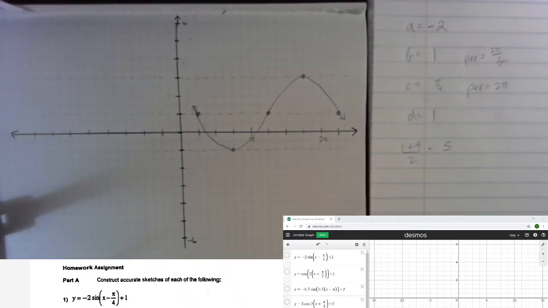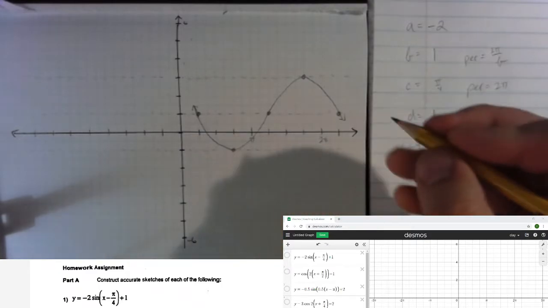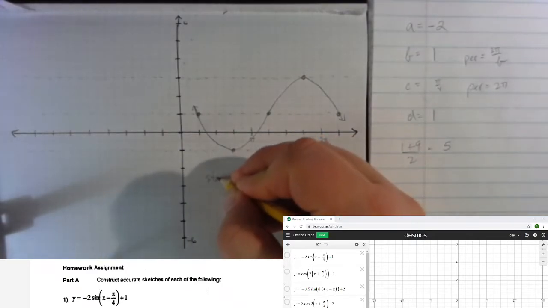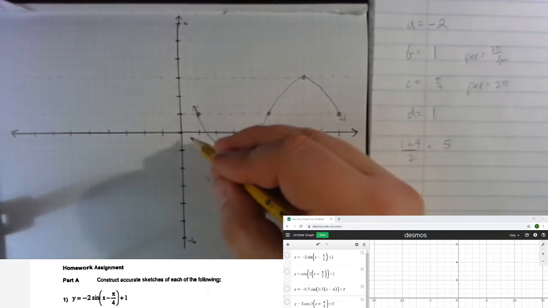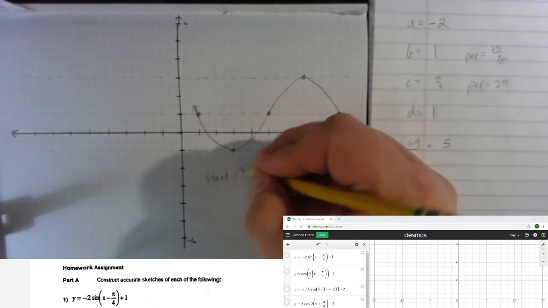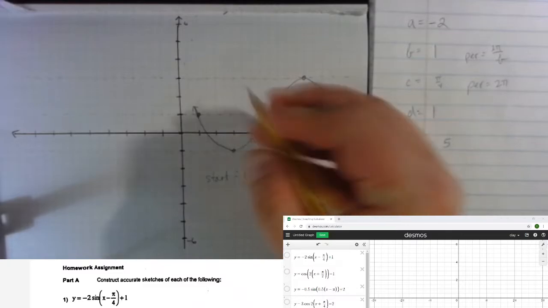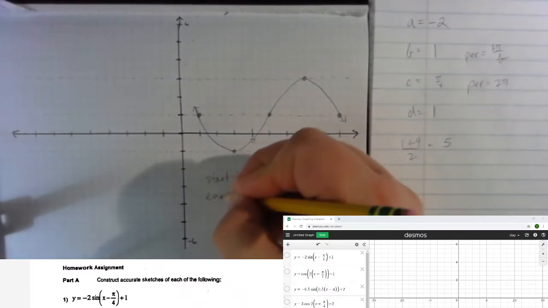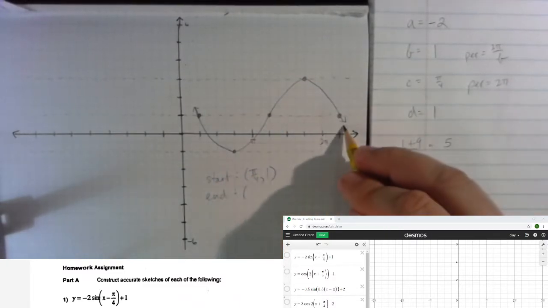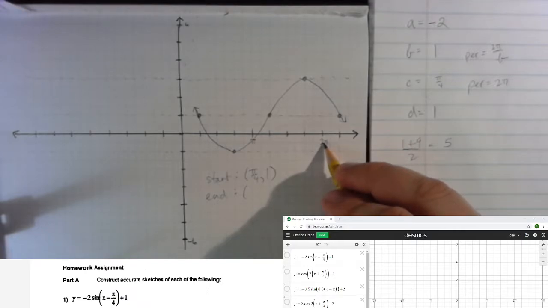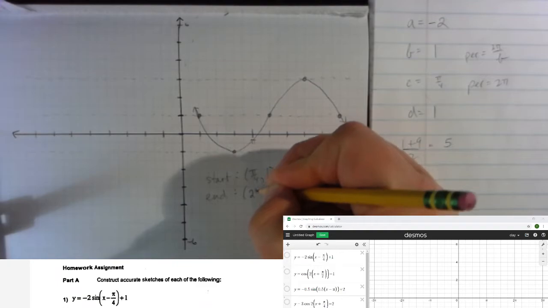And it's not a bad idea to give your 5-number summary. And your 5-number summary here is that it's going to start at the point, now this is pi by 4, comma 1. It's going to end at pi by 4 past 2 pi. So that's going to be 2 1/4 pi, if you like.